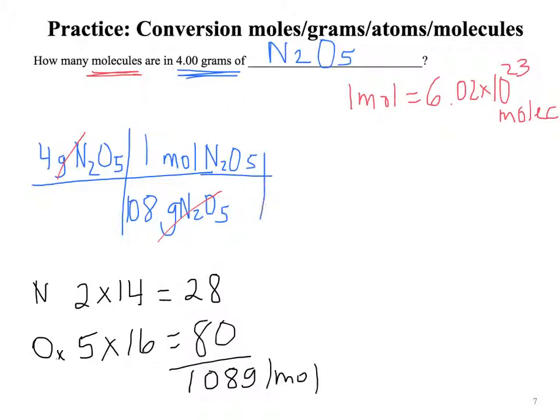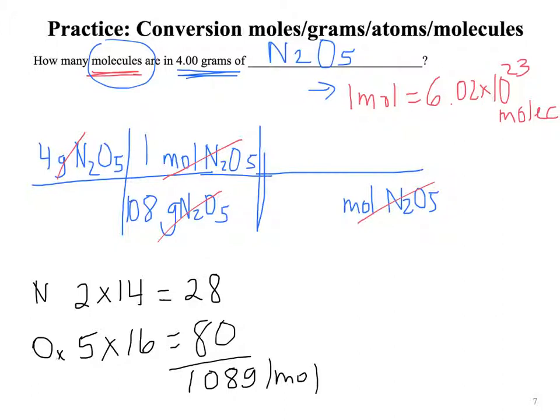I'm not done yet because I need to get to molecules. So I'm going to use this conversion factor. Because I want to cancel out moles, I'm going to put moles on the bottom. So my moles cancel out. And I know that in every 1 mole of something, you have Avogadro's number of molecules.